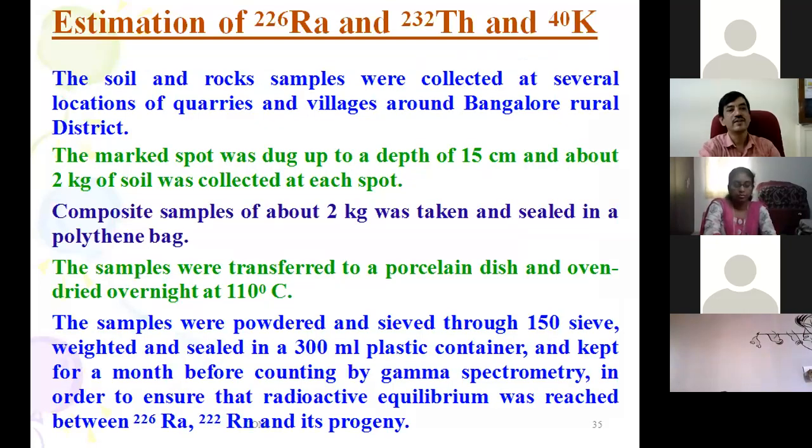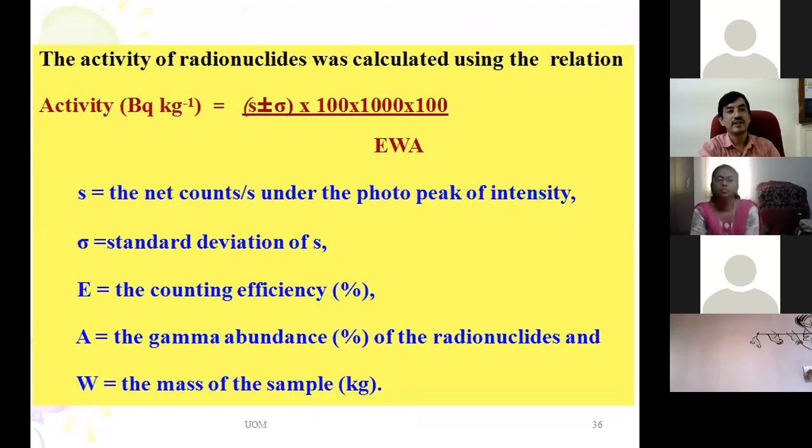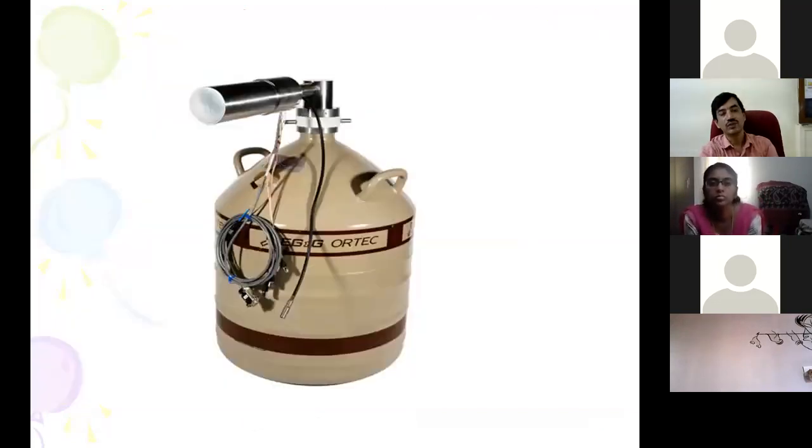Now for the estimation of radioactive elements itself, like radium, thorium and potassium, in the soil samples and rock samples, HP detector has to be used. HP detector is used because of its good resolving power and also relatively good efficiency.